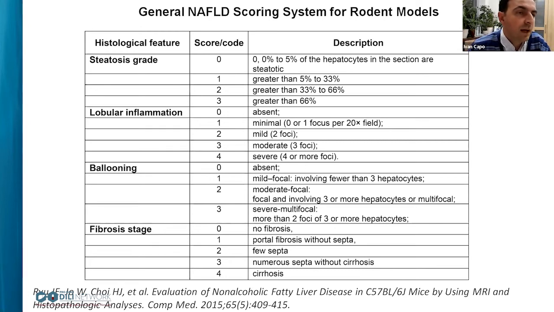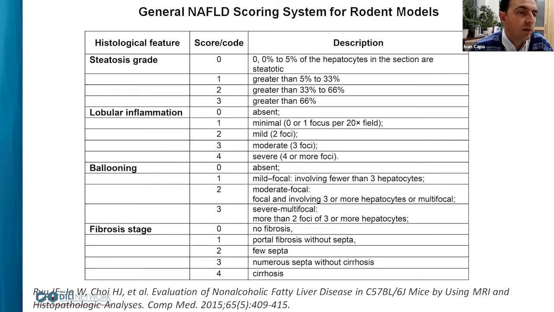So this is a scoring table which we usually use, which is actually for non-alcoholic fatty liver disease. We analyze the steatosis grade, which is very important in the acetaminophen model. It can be 0, 1, 2, 3, according to the percentage of hepatocytes affected with steatosis.